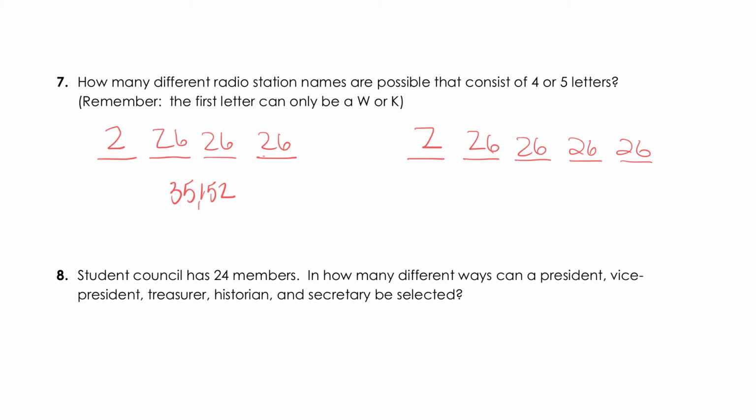And then the second one comes out to be 913,952. And then we would want to add those together since it's consisting of 4 or 5 letters. And that gives you a total of 949,104 options.